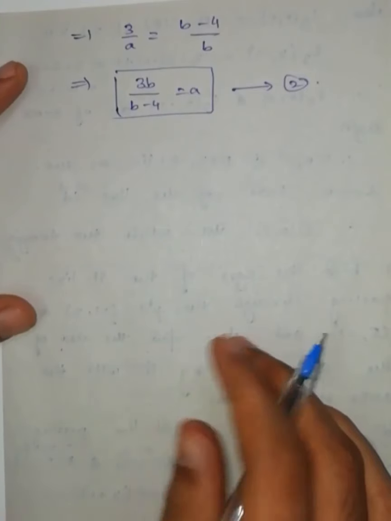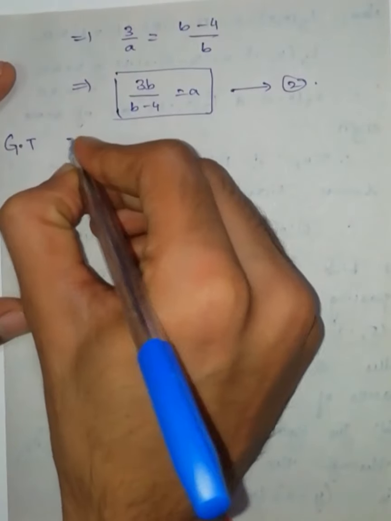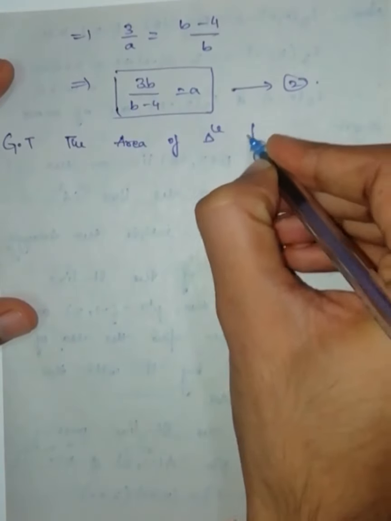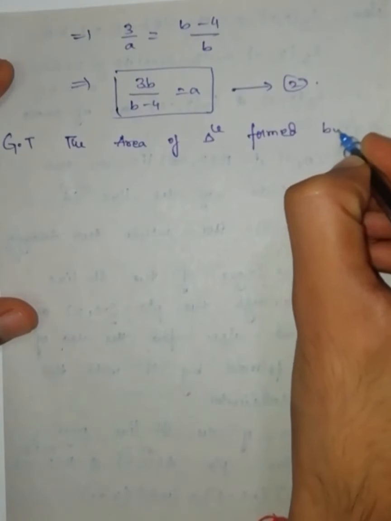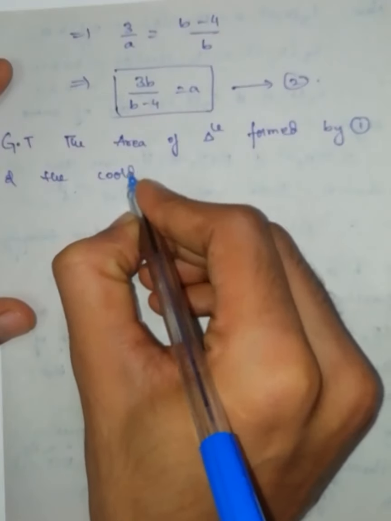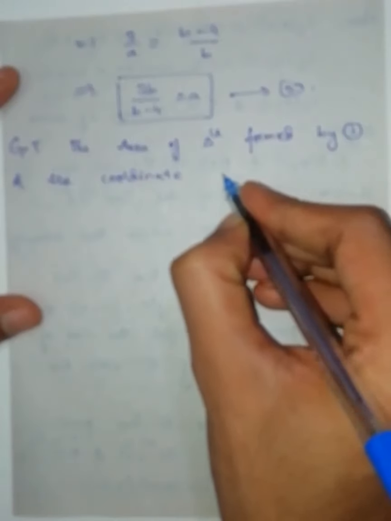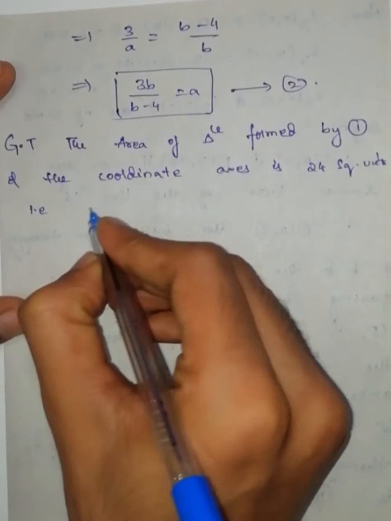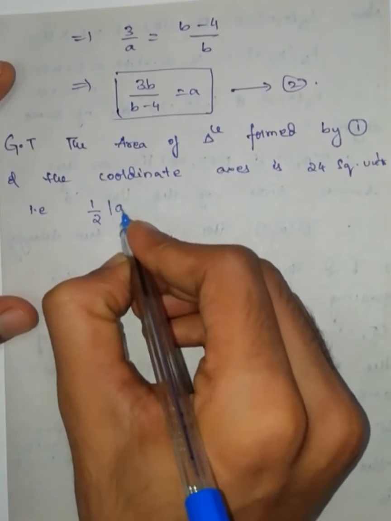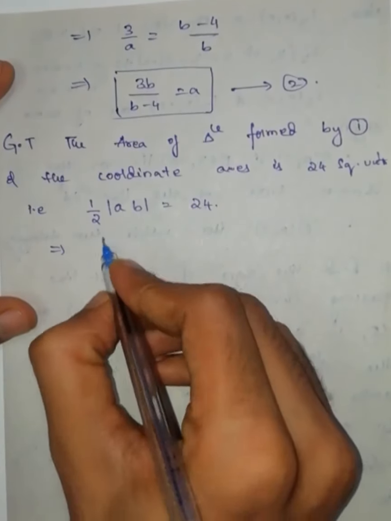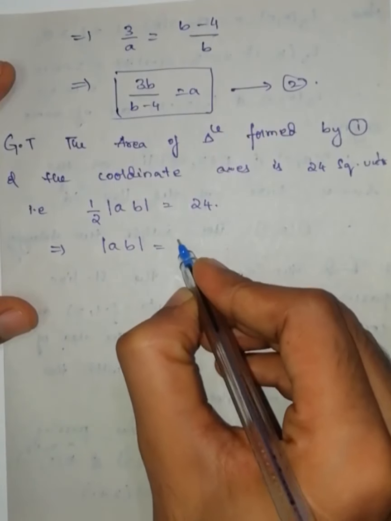Let us take this one as equation number 2. Given that the area of the triangle formed by equation number 1 and the coordinate axis is 24 square units. That is half modulus of a into b is equal to 24. This implies modulus of ab is equal to 48.